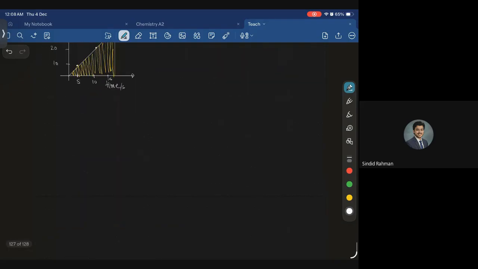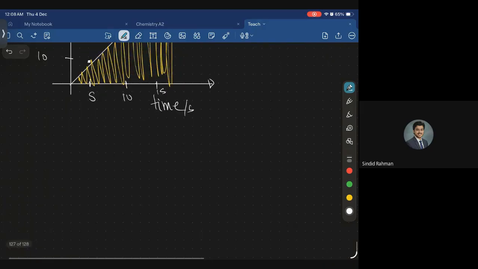Let's say we have learned that acceleration is the change in velocity per unit time, right?